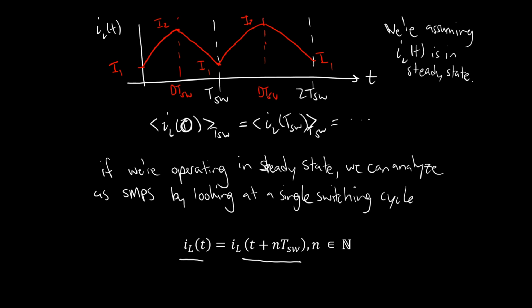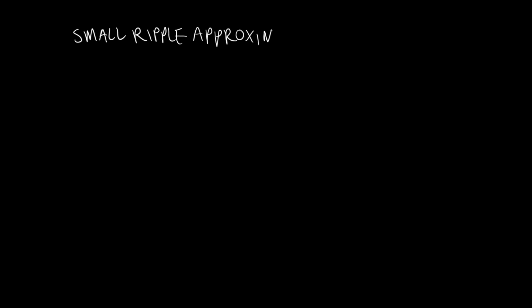Okay, so next I wanted to talk about small ripple approximation. Again, this is also a tool that we're going to use to simplify how we analyze switch mode power supplies.